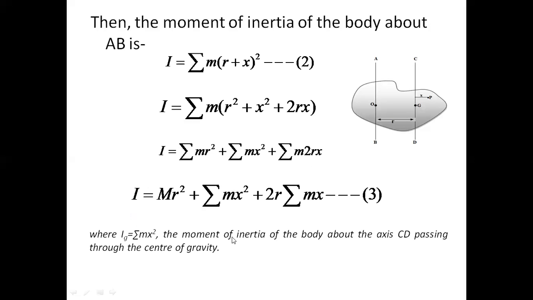Now, in this equation again, what does sigma m x represent? This is the equation from the previous slide. Sigma m x is nothing but the algebraic sum of the moments. m x, if you take just the mass and the distance, is the moment of a single particle. Sigma m x means it is the algebraic sum of the moments for all the particles.